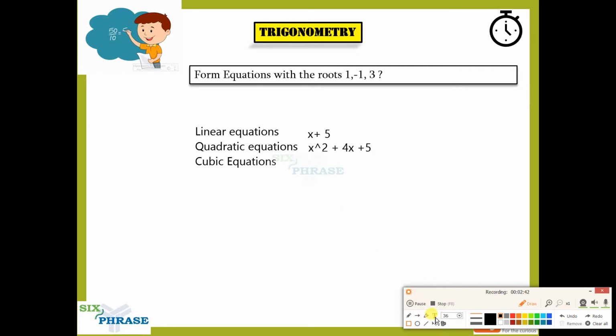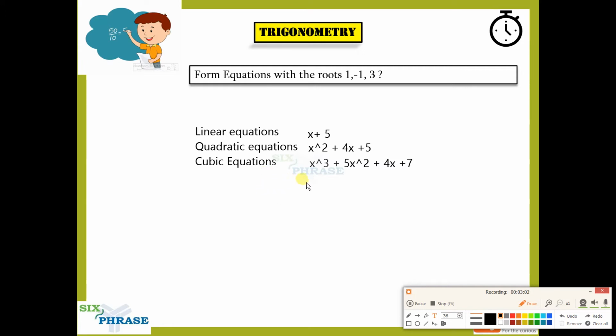Then cubic equations will be like this. We'll take x cubed plus 5x squared plus 4x plus 7. Now this is a cubic equation. Why is it a cubic equation?